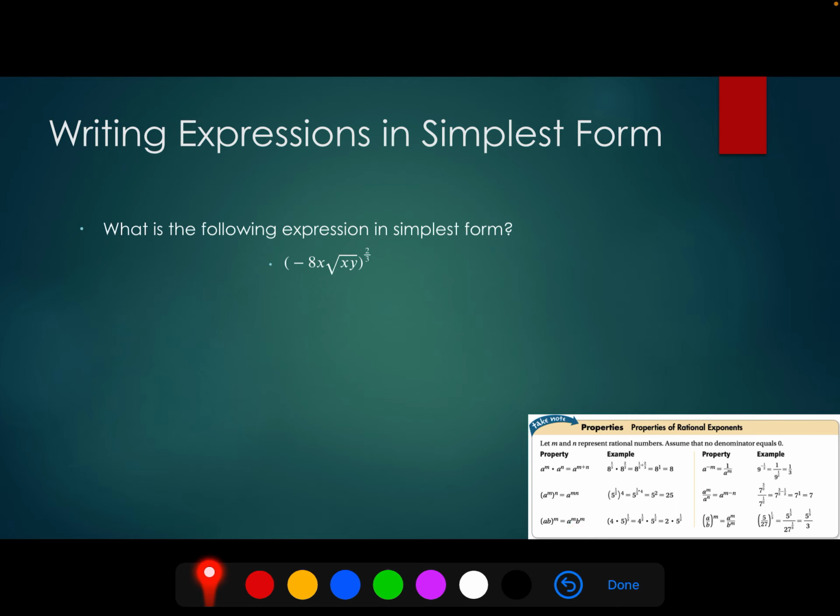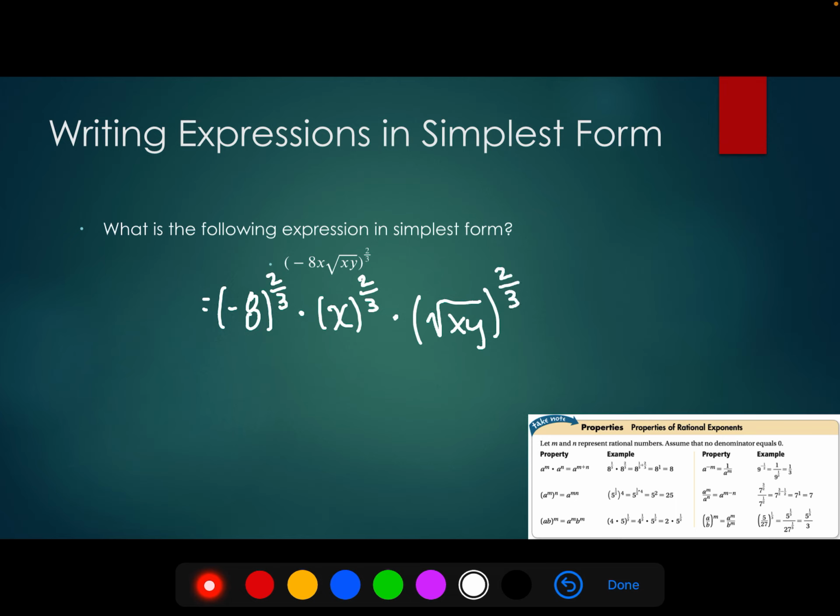So if we do that, then this is equal to negative 8 to the 2/3 power times x to the 2/3 power times the square root of xy all to the 2/3 power.